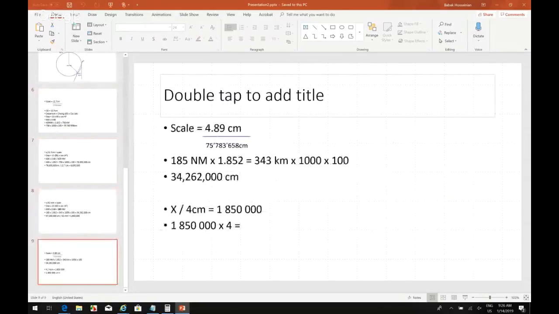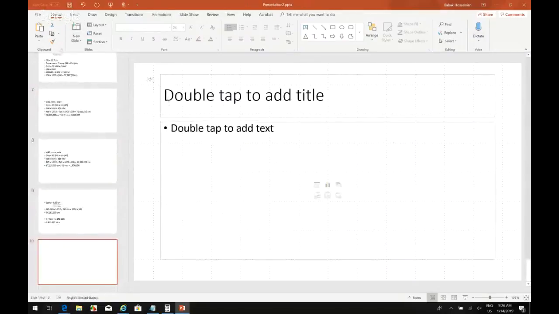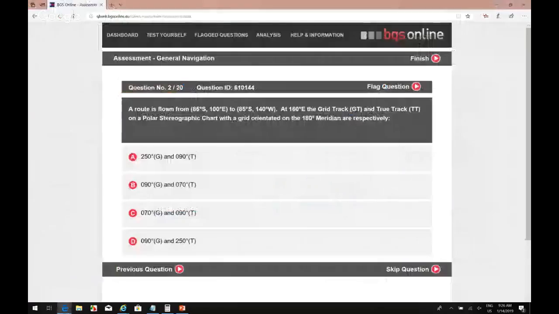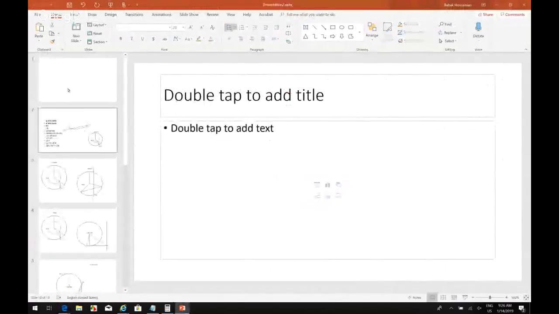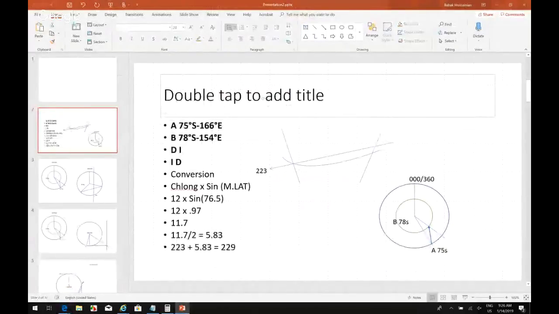Actually, the way I'll do it is as follows. New slide. I would say 100 to 140. The true track is going to be more or less, and in the southern hemisphere it is going to be more than 90, isn't it? So if we look at this, this would be a southern hemisphere type picture.